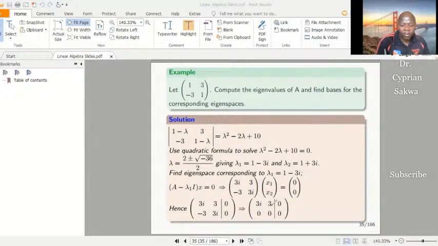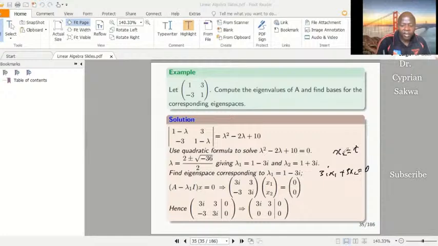Now, when you reach here, you realize that x2 would be a free variable. So you say let x2 be t. What do we have? 3i x1 plus 3x2 is 0.